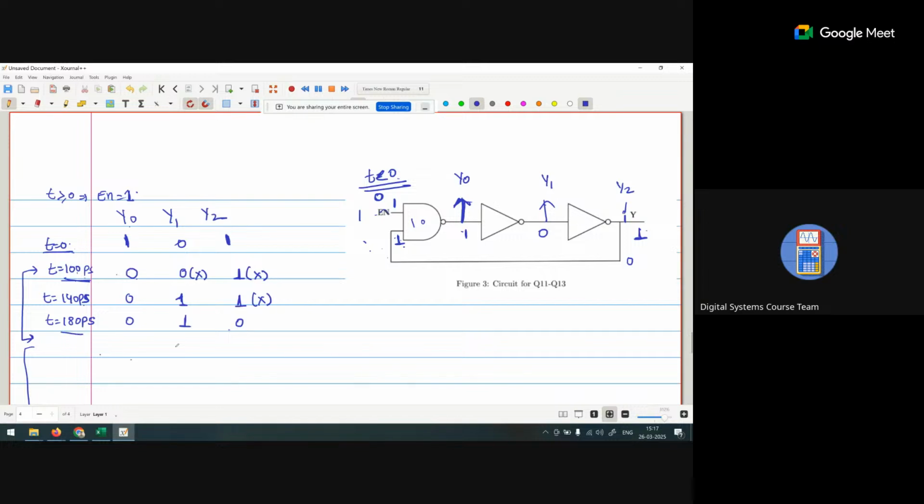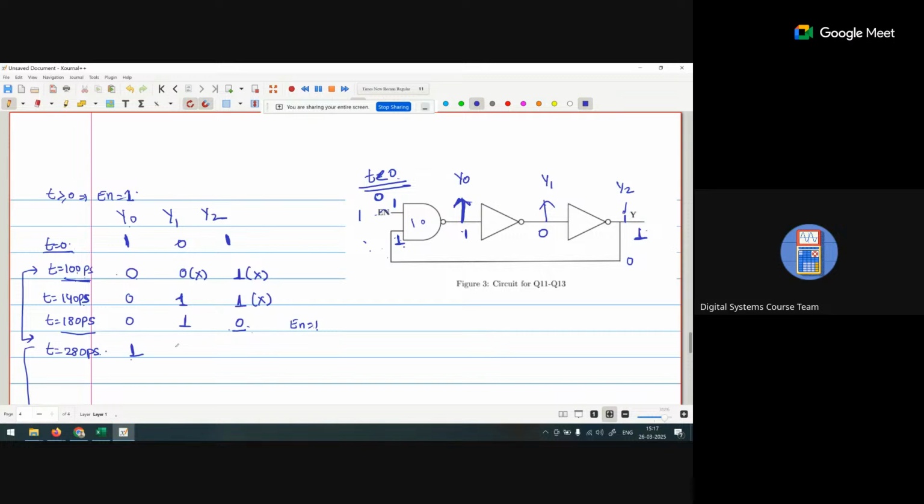At 180 picosecond, y2 is 0, enable is 1, so my y0 is changed, but it will be affected at t is equal to 280 picosecond. Okay, so at 280 picosecond the output y0 is 1, 0 and enable is 1.